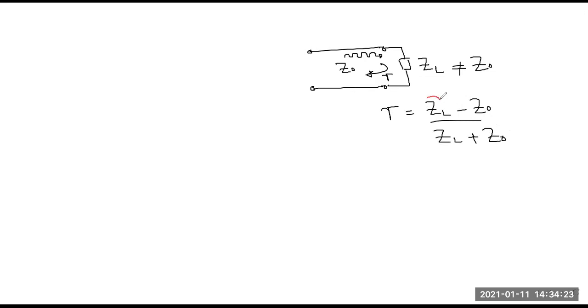Depending upon what value of ZL is given to us, we will use this equation to represent the load in terms of its associated reflection coefficient. So every load impedance will have its unique reflection coefficient.